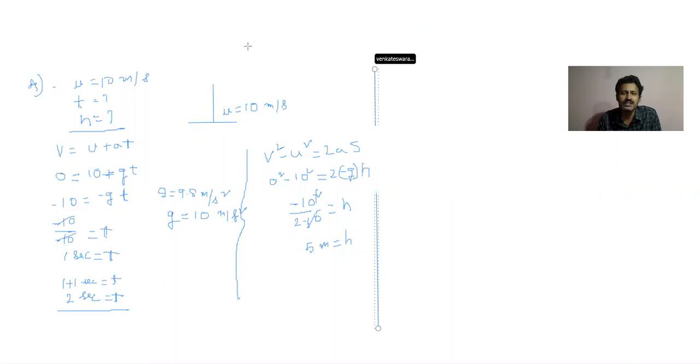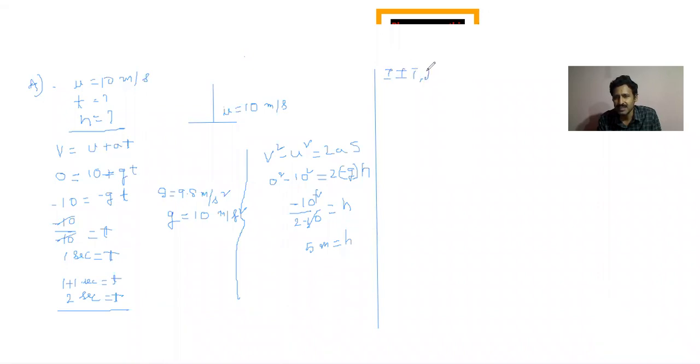For IIT, JEE and NEET level, I am directly applying the equations.